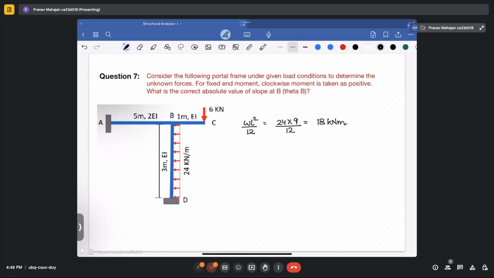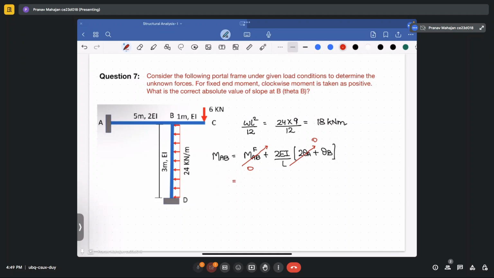Now start with beam AB. So MAB is equal to MABF plus 2EI upon L into twice of theta A plus theta B. In this case, your MABF is equal to 0, theta A is also equal to 0, and you will be left with only theta B. Okay, so what is the value here?